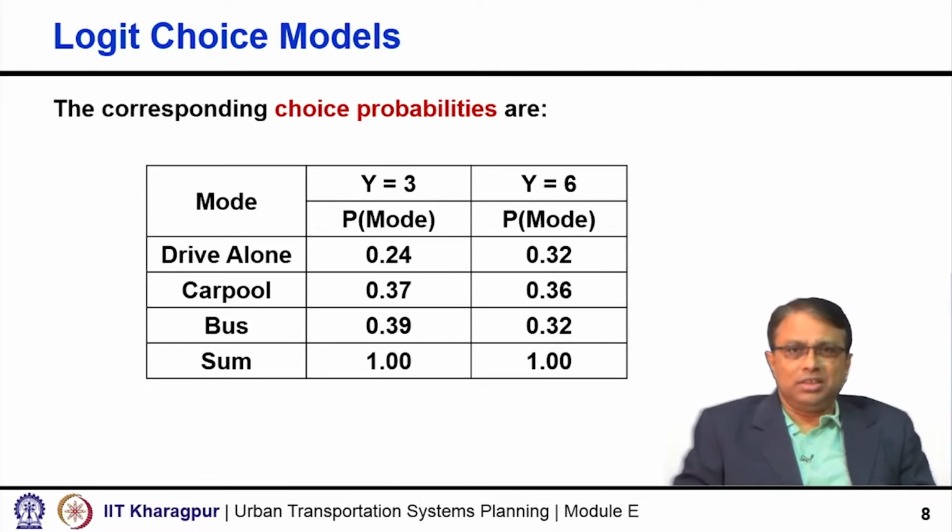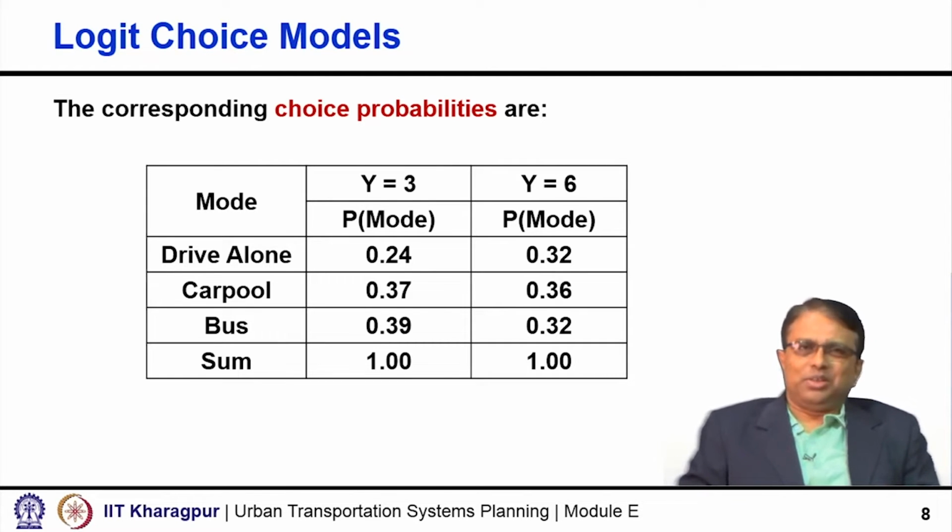And you can see here the results are quite logical in the sense that when the income increases, obviously the probability of using bus reduces. So, 0.38 or 39 goes to 0.32. Similarly, the probability of using drive alone increases with the increase in income.